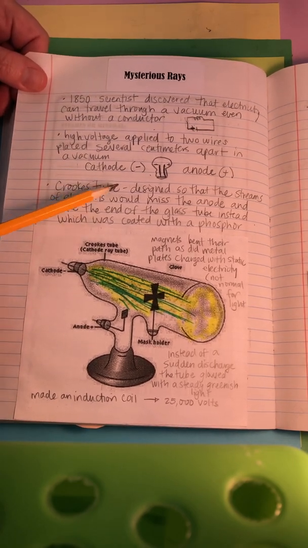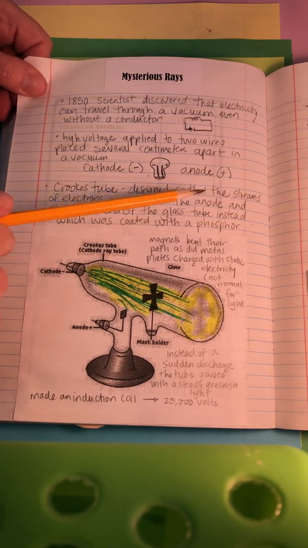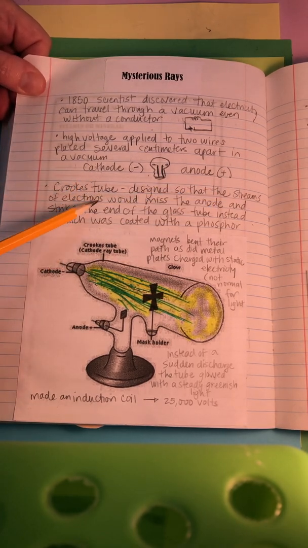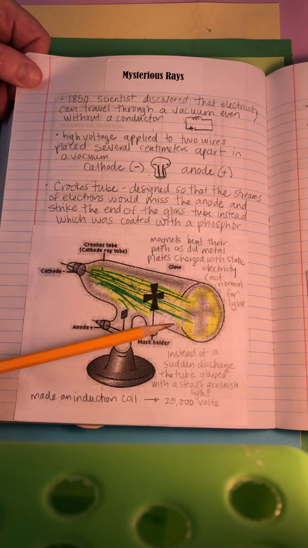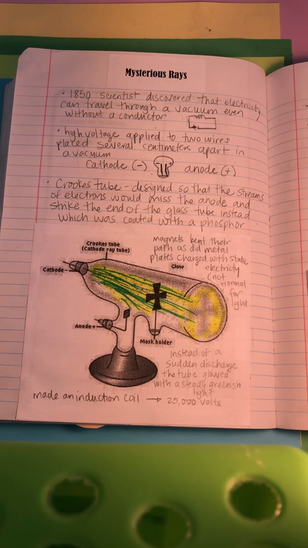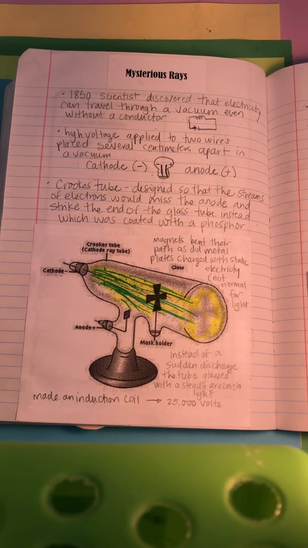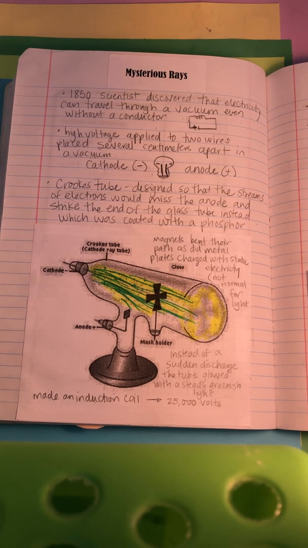All right, so Crookes tubes were designed so that the streams of electrons, now at the time they didn't know this was electrons, but now we know this is a stream of electrons, would miss the anode and strike the end of the glass tube instead, which was coated with a phosphor, which is a material. Let me see if I can illustrate it with the darker green here.